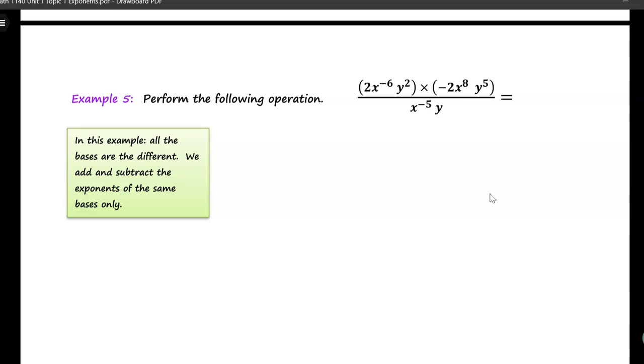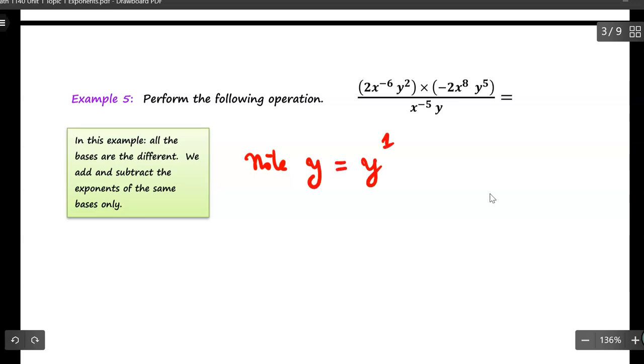The first thing I will do is work with the numerator first, and after that I will work with the denominator. Or you can just do them all at once. It's entirely up to you. First of all, I want to remind everyone: if it's just y, then it's actually y to the exponent 1.